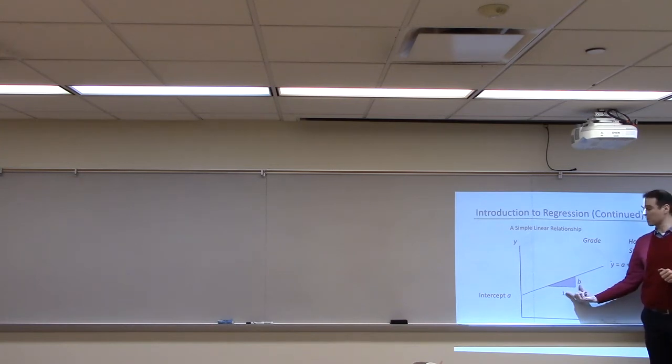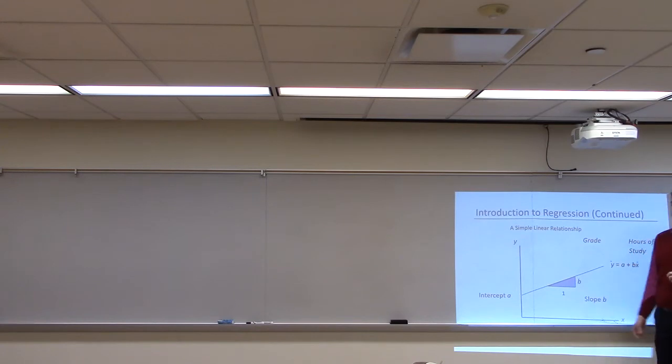So can you just give me a ballpark figure? What do you think the slope is for this line? One. Slope, yeah. 0.5. All right, we got 0.5, we got 1, 7.